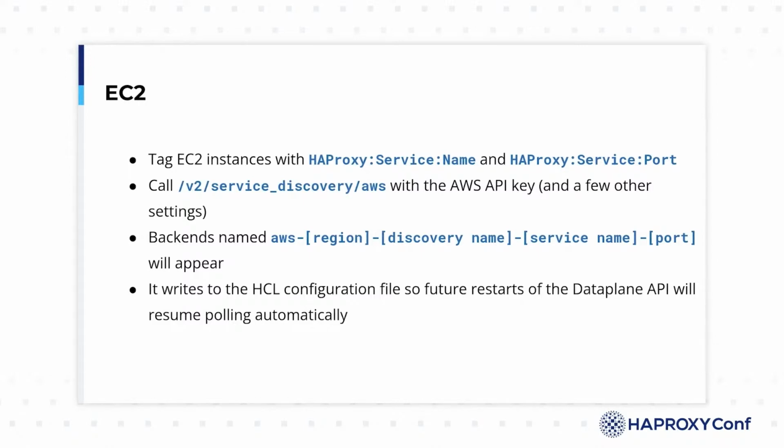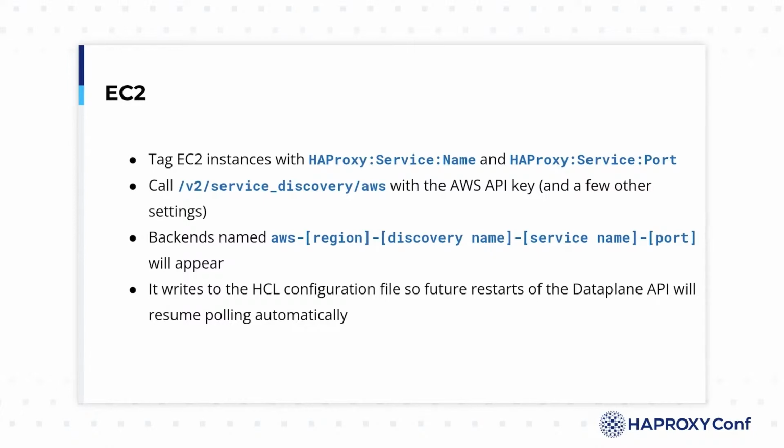Once you've done this API call, it will write the information, like the API key and the fact that it is talking to AWS, to the HCL file or YAML file that the Data Plane API is configured with, in order to automatically resume this operation when you start it.